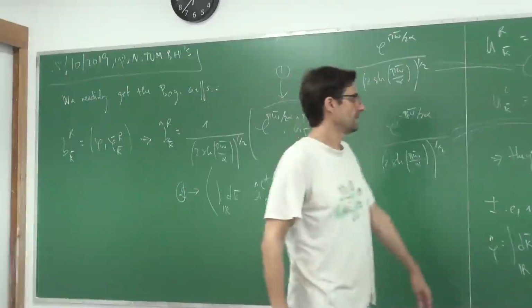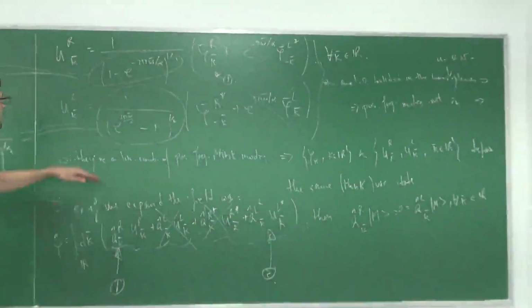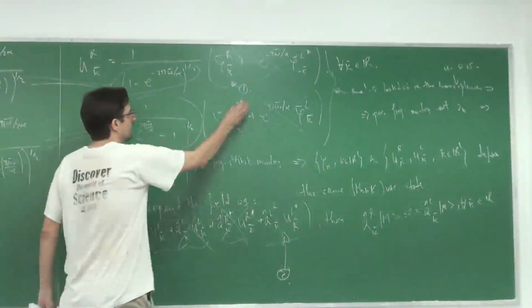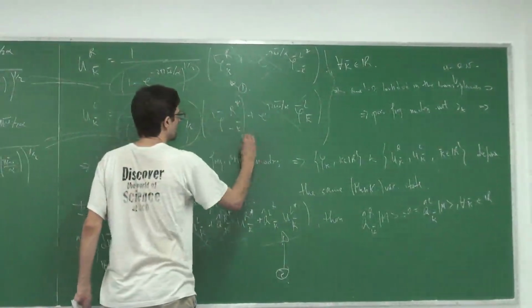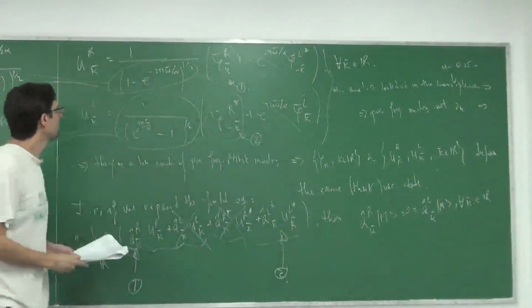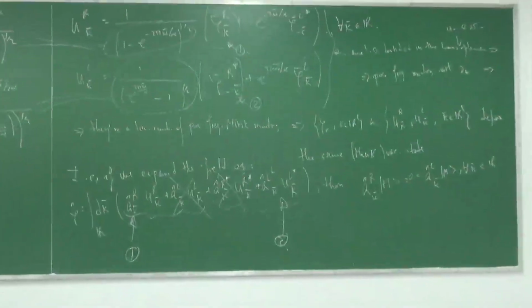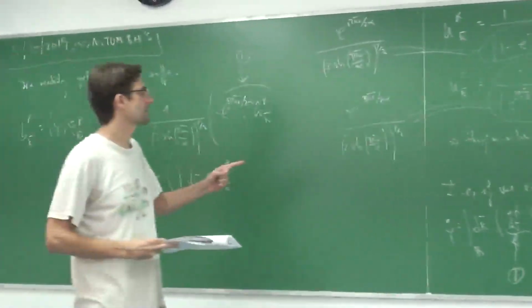And then this thing here, and only this one. So that's going to be, we want the complex conjugate of this.